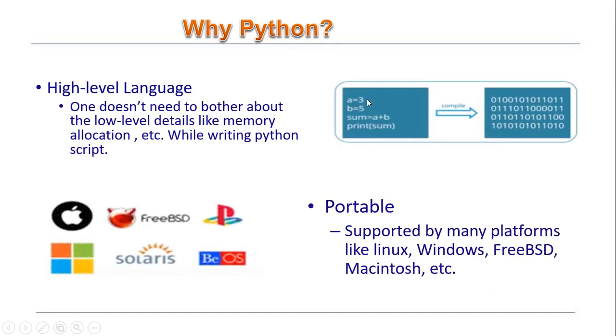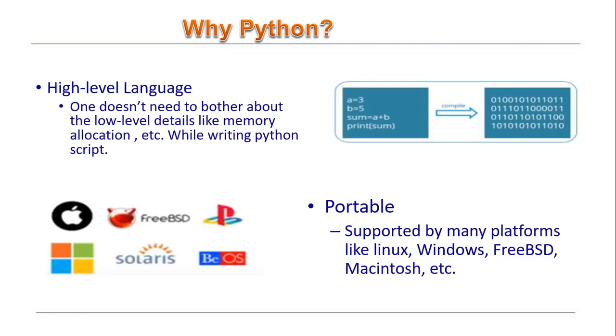These statements are directly compiled by the interpreter and translated into byte code. With that byte code, we can run it on any operating system, which is why Python has a feature called portability, supported by many platforms like Linux, Windows, and any operating system, because it has a virtual machine.